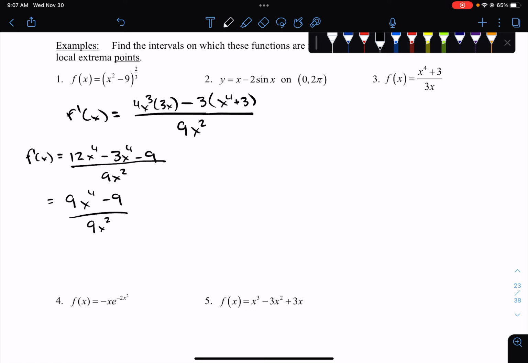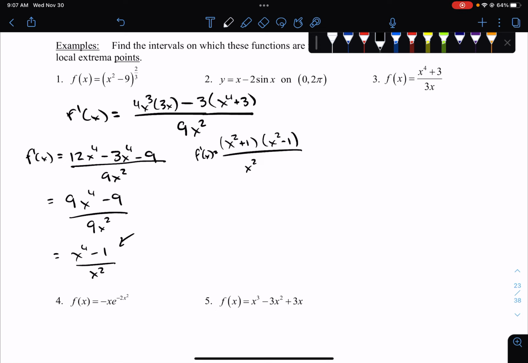The 9s cancel out, so this simplifies to become x to the 4th minus 1 over x squared. And right here, you want to say, I'm done. But on top, we have a difference of squares. So x to the 4th minus 1 can be rewritten as x squared plus 1 times x squared minus 1 over x squared. This is my f prime of x.